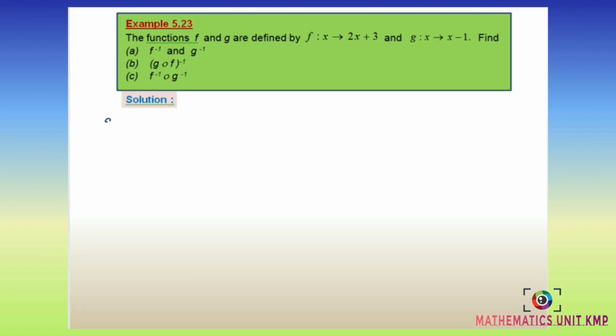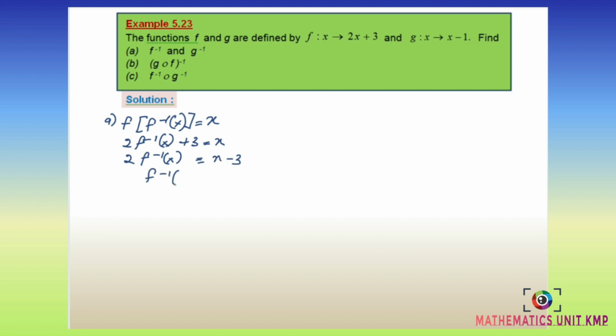For question A, f composite f inverse equals x using properties. So, 2 f inverse plus 3 equals x, 2 f inverse equals x minus 3, and f inverse equals x minus 3 over 2.